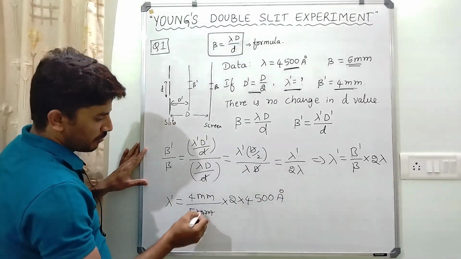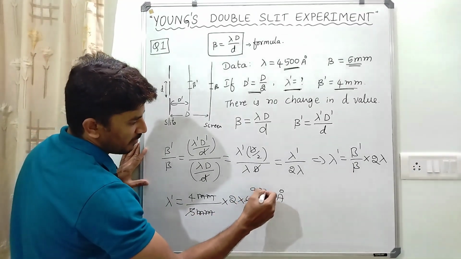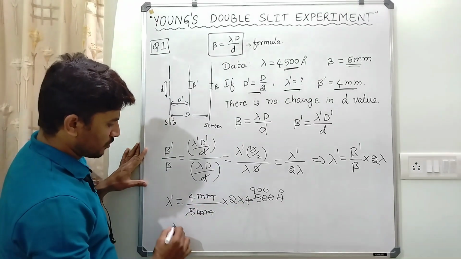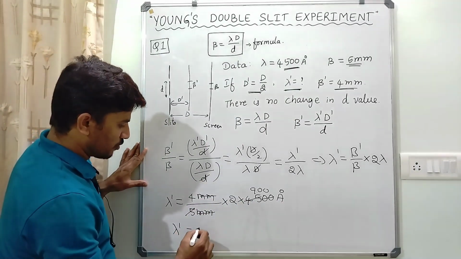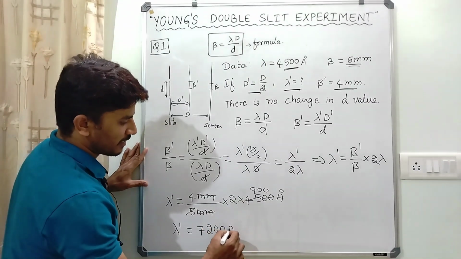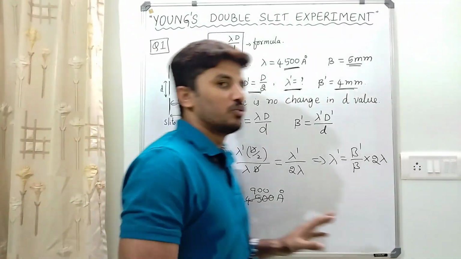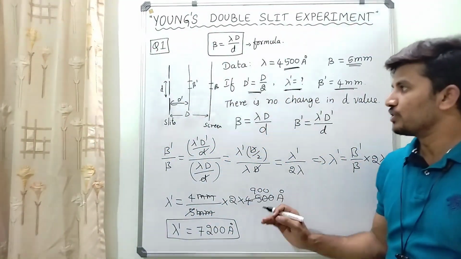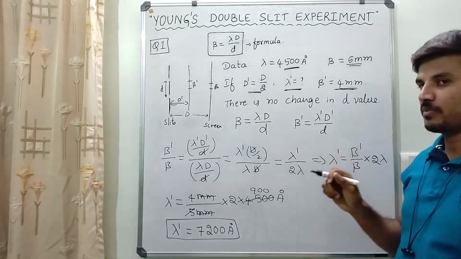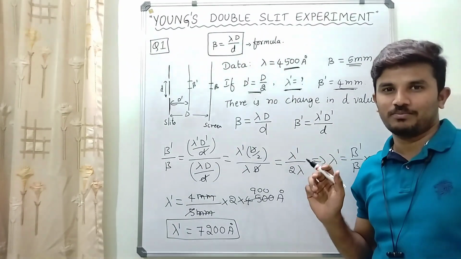Here mm will cancel out, 5 nines are 45, so we'll be having 900 here, 9 2s are 18, 18 4s are 72, so lambda dash is equal to 7200 angstrom. This should be the wavelength of light used to get a new fringe width of 4 mm by changing the capital D value to D by 2.